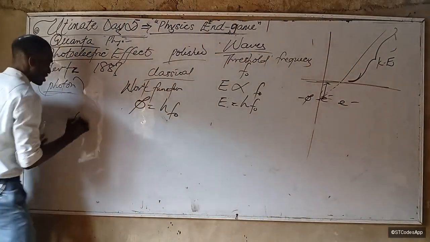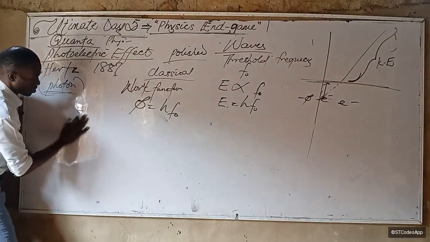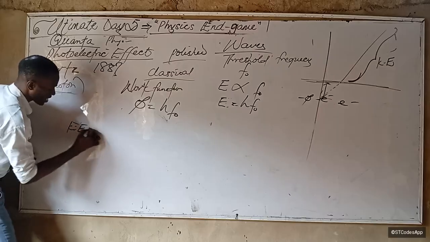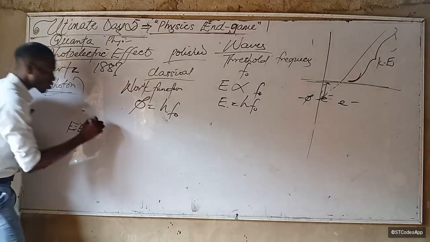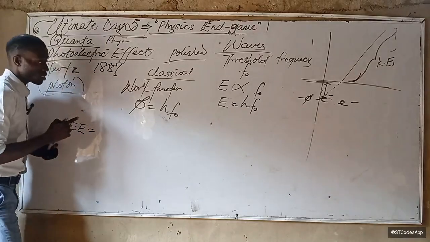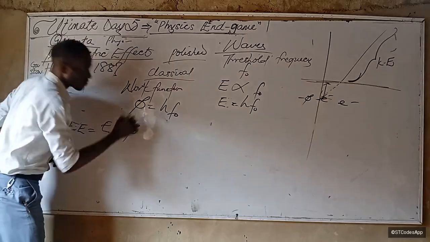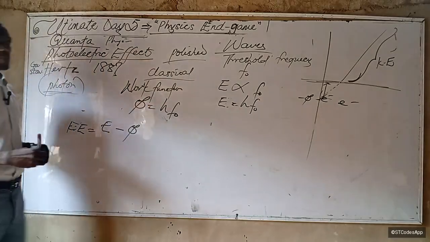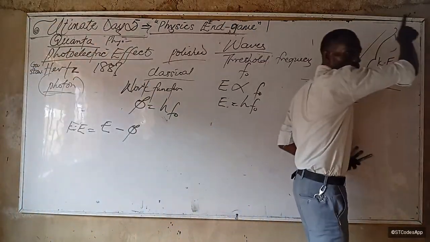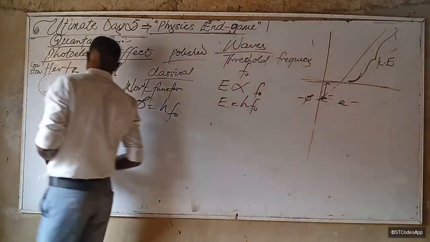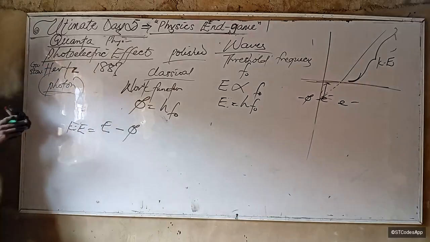So it means that the kinetic energy of the given electron is equal to the energy supplied minus the work function. The amount of energy that it uses to move here is going to be what? Energy supplied minus work function. Does that make sense to all of us?